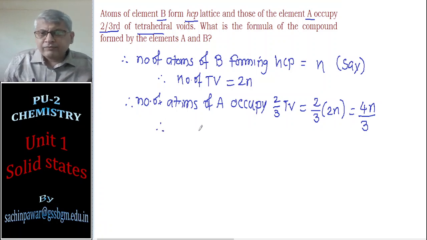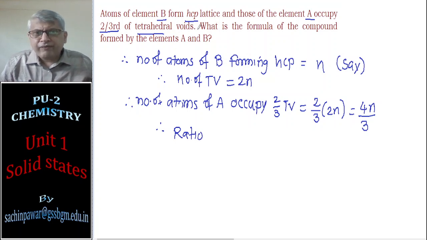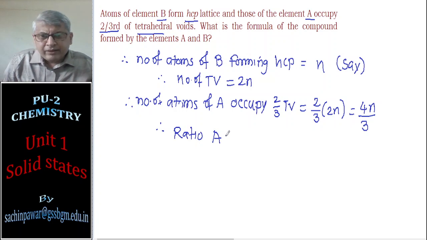And therefore if I want the ratio, now there is no mention of cation and anion, so I will take A and B. The ratio A is to B is 4n by 3 is to n.